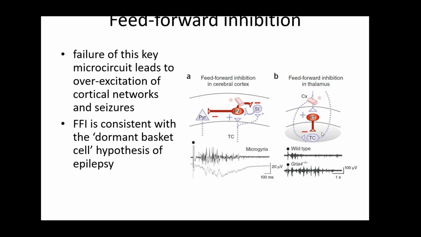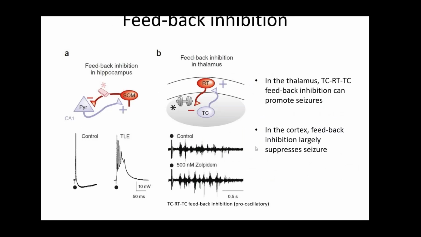All right, so that effective feed-forward inhibition is eventually going to increase the activity of the network.